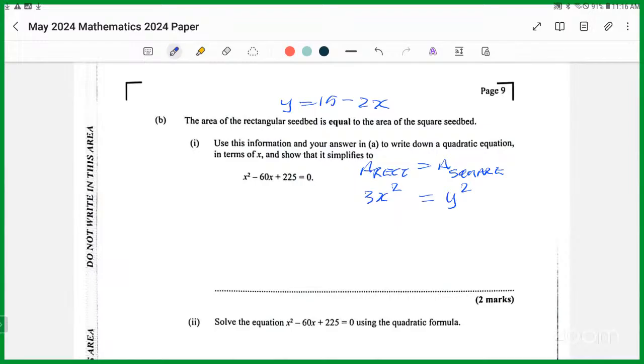And so when we do that, we're going to get 3x squared equals, we're going to square this now. It's going to be 15 minus 2x all squared. You have to expand this now. Now that's a perfect square expanding. Remember, when you expand that perfect square, you must get 3 terms. So we're going to get 3x squared equals 15 squared, which is 225.